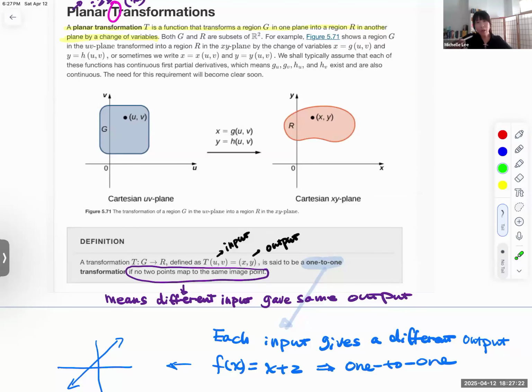Now, we have a definition here. A transformation T is a function that maps G to R, as we said earlier, and is defined as T of UV.